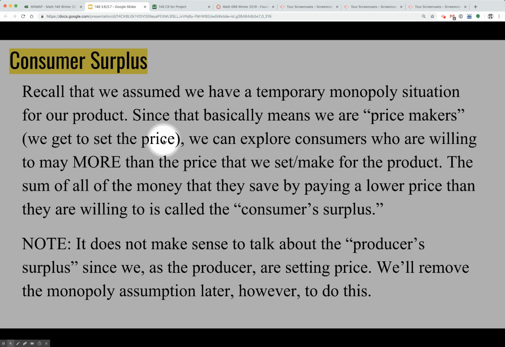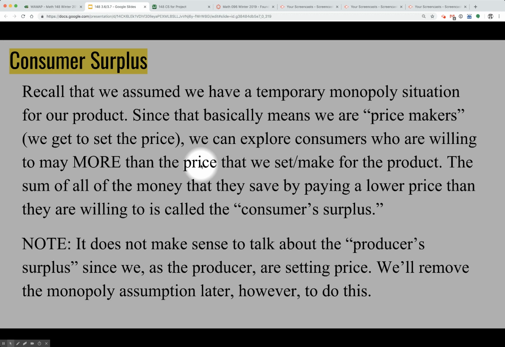However, we do have to take other things into consideration, such as what is the best price that we should charge in order to maximize our profits. And we've been doing that kind of analysis. But in that situation, we can also explore this theoretical idea from economics where we look at consumers who are willing to pay more than the price that we set.